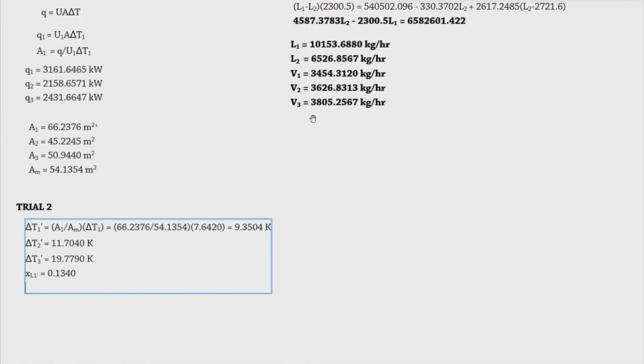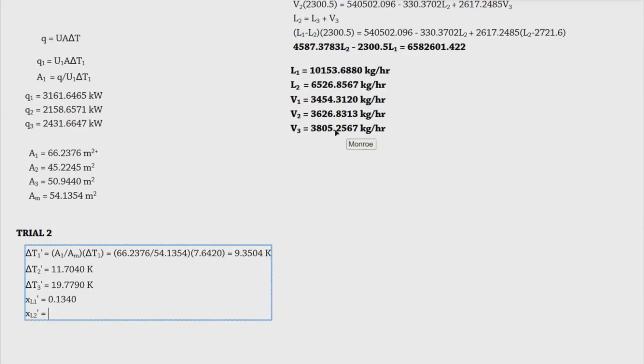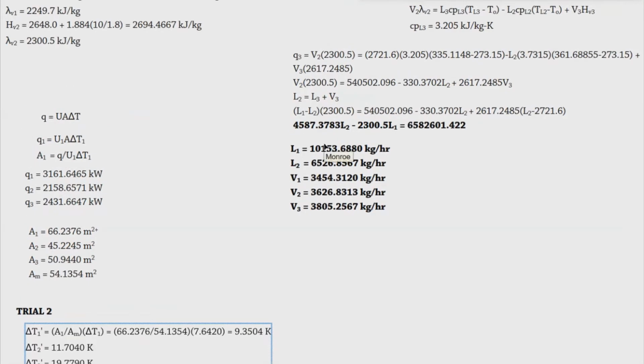Then, to obtain XL sub 2, so, gagawin lang natin ngayon is, sundin natin ulit yung same procedure na yan to find XL sub 2. So, with that, XL sub 2, so, you do the balance in the second effect. So, that would be equal to 6526.8567, and then times X, yung pumapasok, and then L3, pwede kasi sa L3 lalabas, so we have 2721.6 times 0.5.